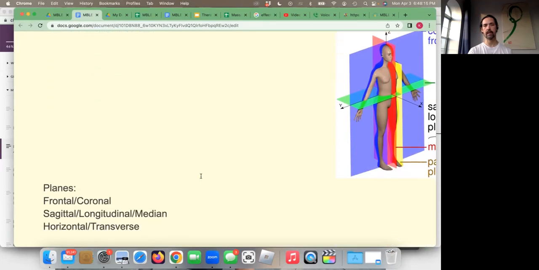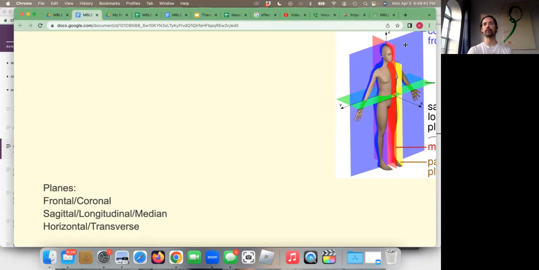Okay, the planes of the body, those are the frontal or coronal plane, and then the sagittal or longitudinal or median plane, the horizontal or the transverse plane. You can see them over here. Planes can be pretty confusing to people because they use words in an abstract setting like a sentence, and they don't mean very much.